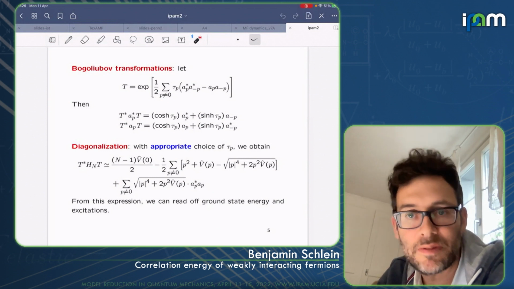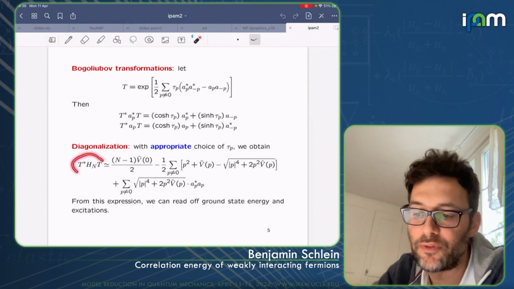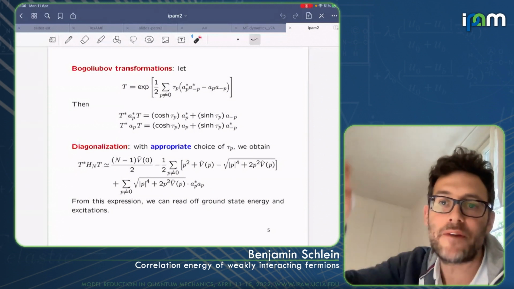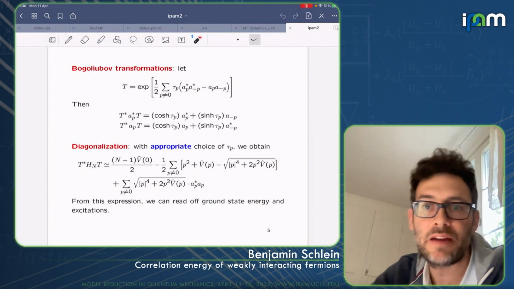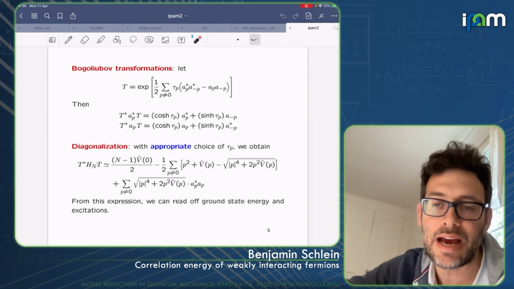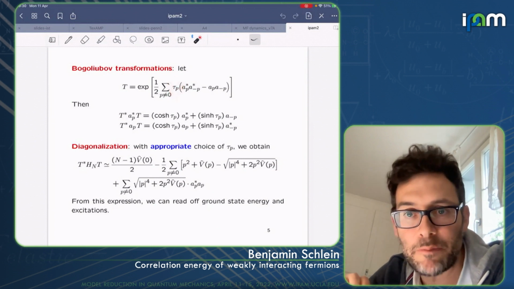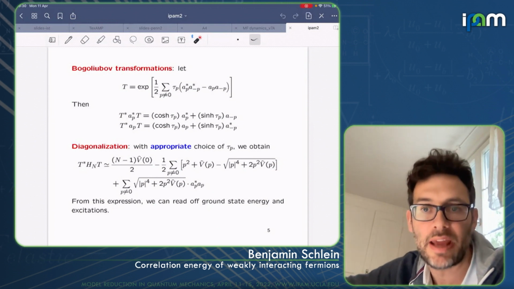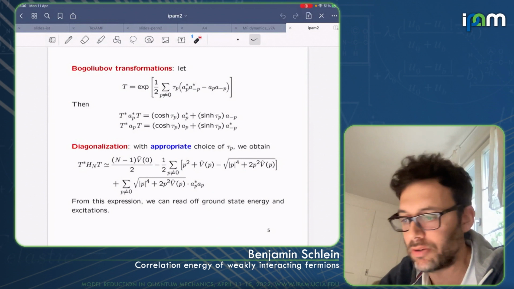Okay, so it is probably not so hard to believe that if you conjugate the full Hamiltonian, which is now quadratic only in a and a star, I'm only looking at the quadratic part, you will find after the conjugation something proportional to a star a, and then something proportional to a star a star or aa. Now, you want to choose this coefficient tau_p exactly so that the part corresponding to a star a star or aa vanishes. Okay, and it's easy to check that you can do it.